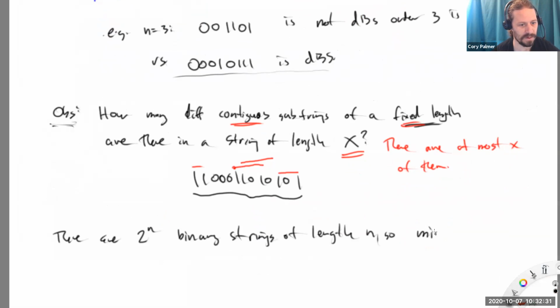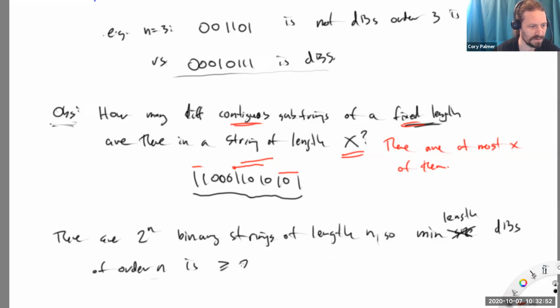So the minimum size of a de Bruijn sequence of order n. We use the term order for the de Bruijn sequence because that's not the length; it's just the value. So the length of a de Bruijn sequence of order n is at least 2 to the n, right? We need at least 2 to the n starting points in order to have any chance of observing all 2 to the n binary strings. Okay. That doesn't mean that we can do it with 2 to the n.